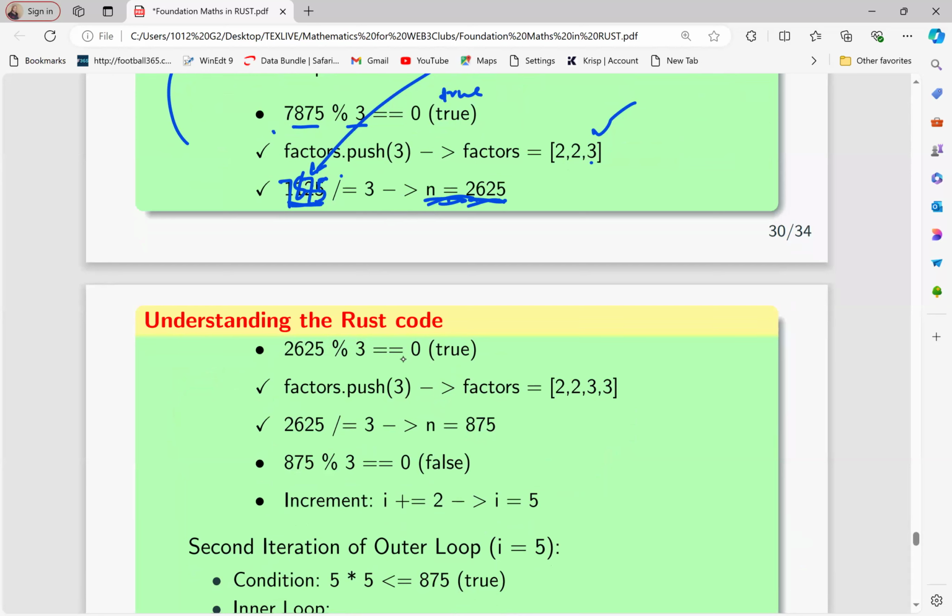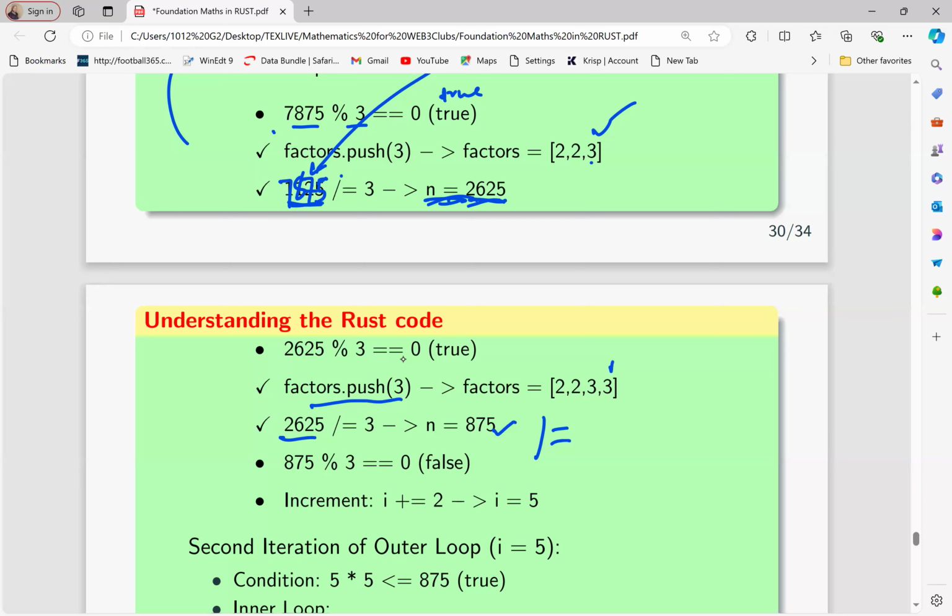If the number is divisible by 3, push 3 to be a factor. So you have another factor there. And then our new n is the old n divided by what's on the right of the equal sign. That's what we mean by this condition, this sign. So our new n becomes this.